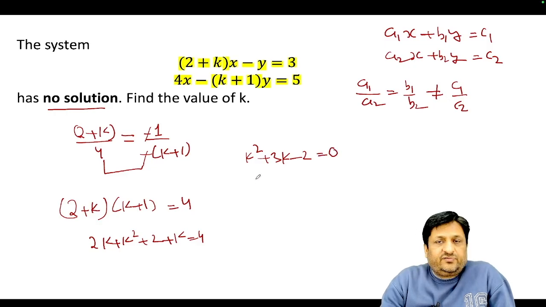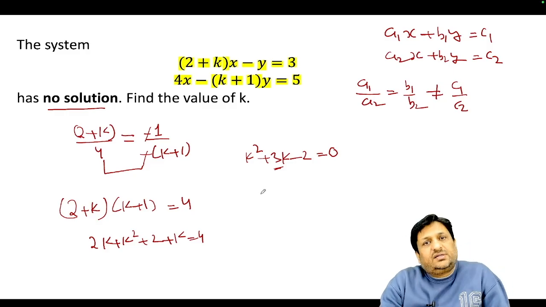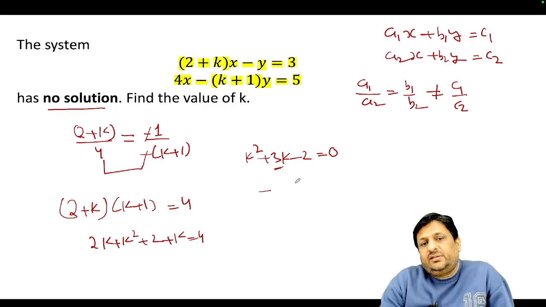And what is the solution of this equation? So the middle term is not splitting. So we will apply the Sridharacharya formula, which is minus b plus minus square root of b square minus 4ac upon 2a.